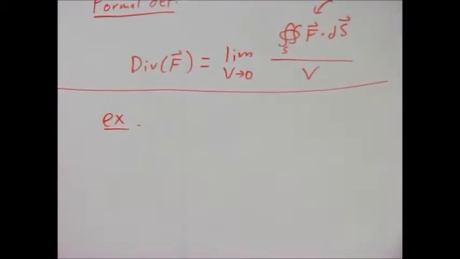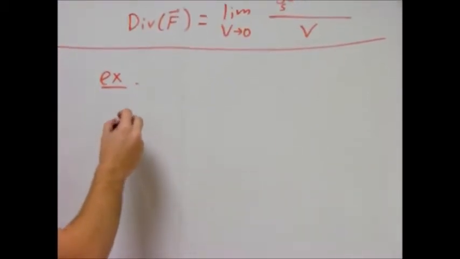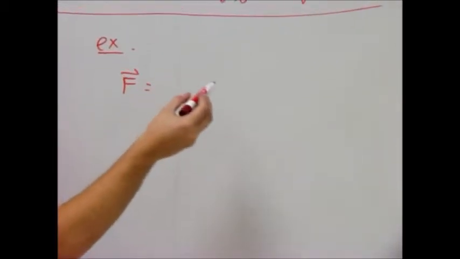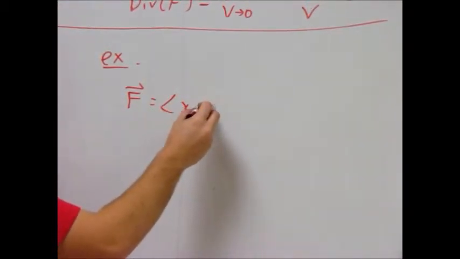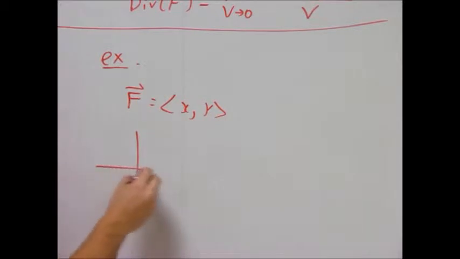Actually, we can even just do it in 2 dimensions. Consider the vector field x, y, which we already know what it looks like, just arrows coming out.